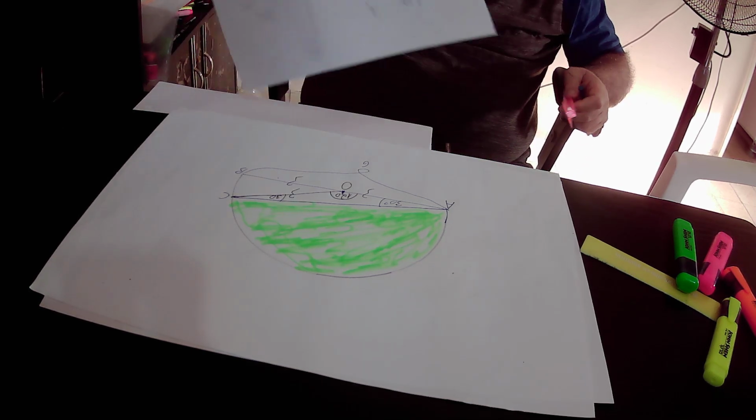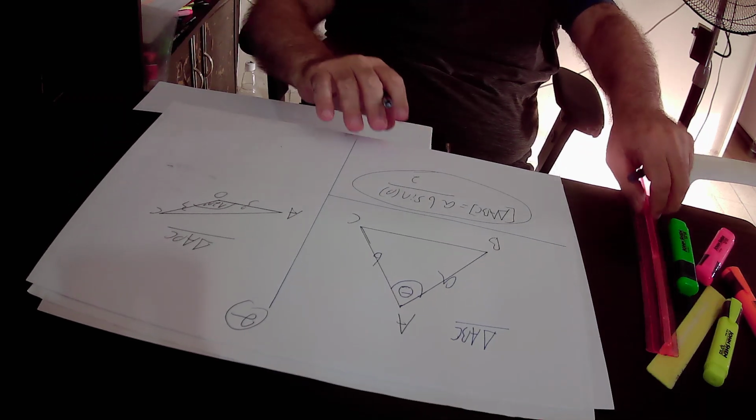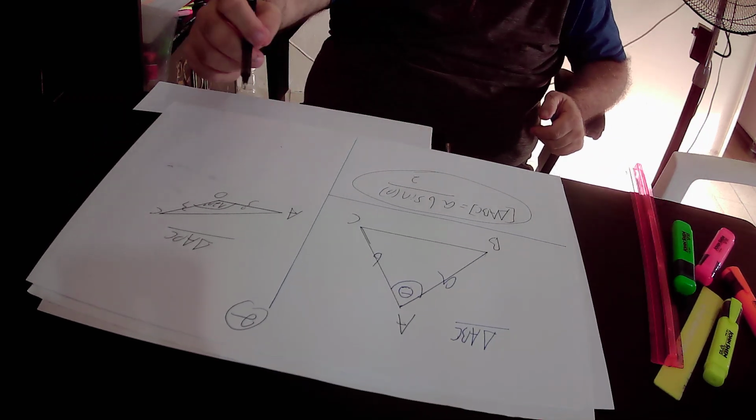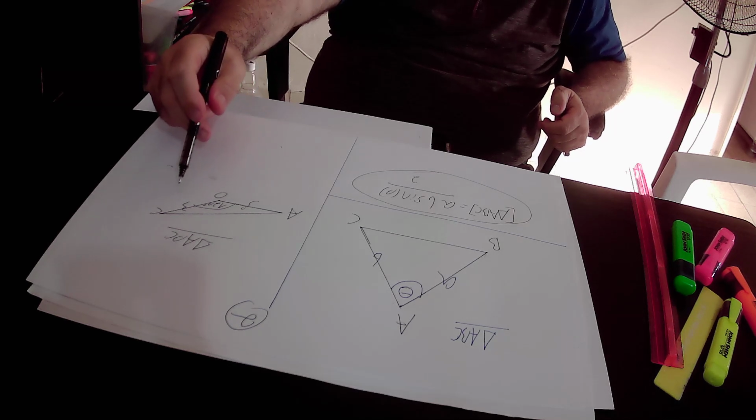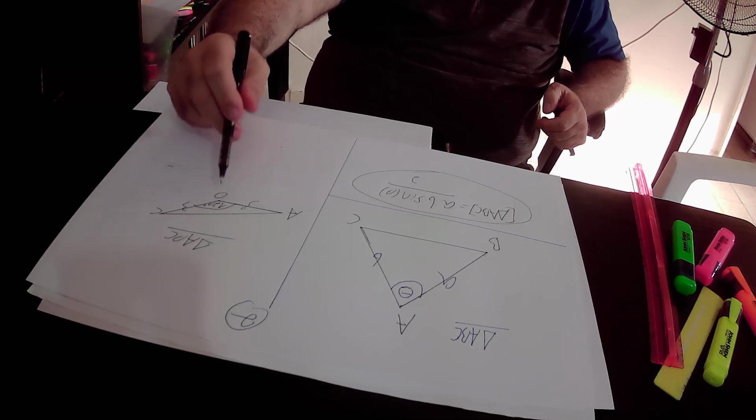This is triangle AOC that I copied from the original drawing. AO equals 3 units, OC equals 3 units, and the angle between AO and OC is 120 degrees.